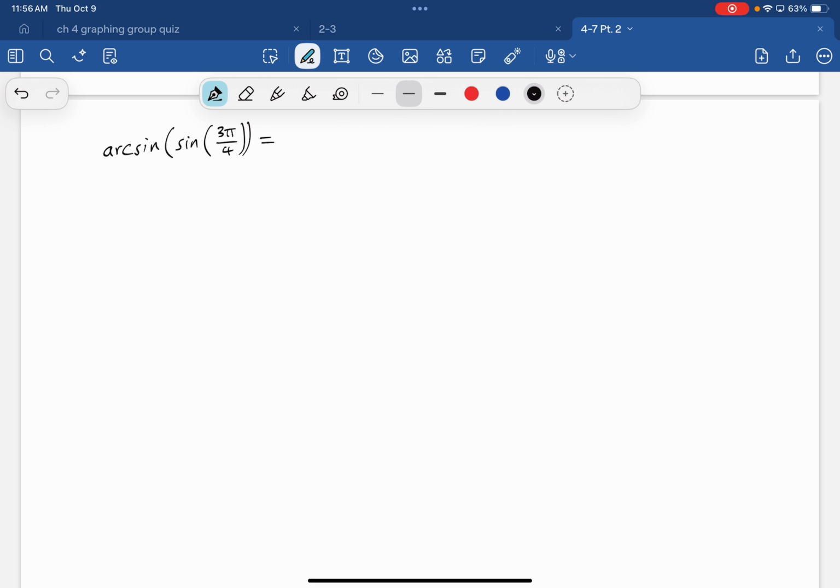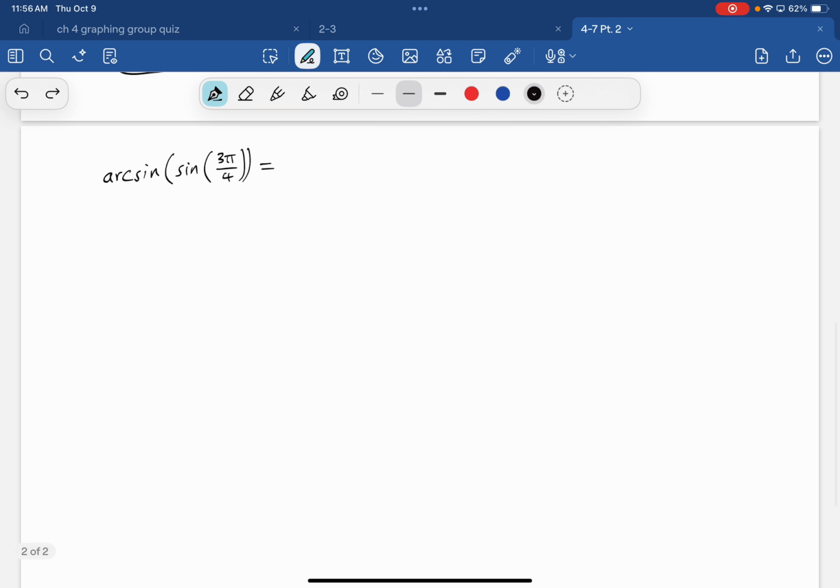Okay, let's calculate sine 3 pi over 4 first. What is that? Anybody? Is it 1/2?